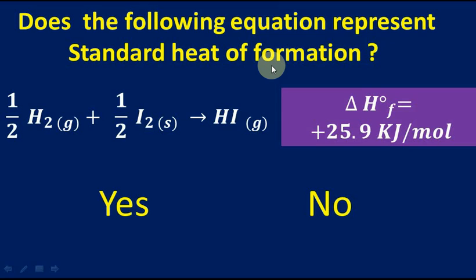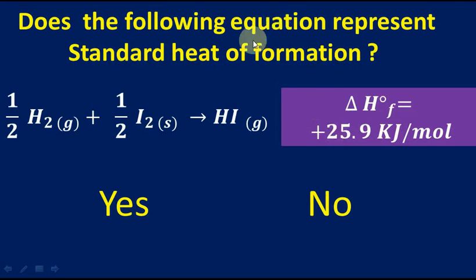I want you to think with me. It is absorbed, yes, delta H is positive. In heat of formation, delta H may be positive or negative. But it must be negative in heat of combustion, as we studied in the last lesson; it must be negative, released.